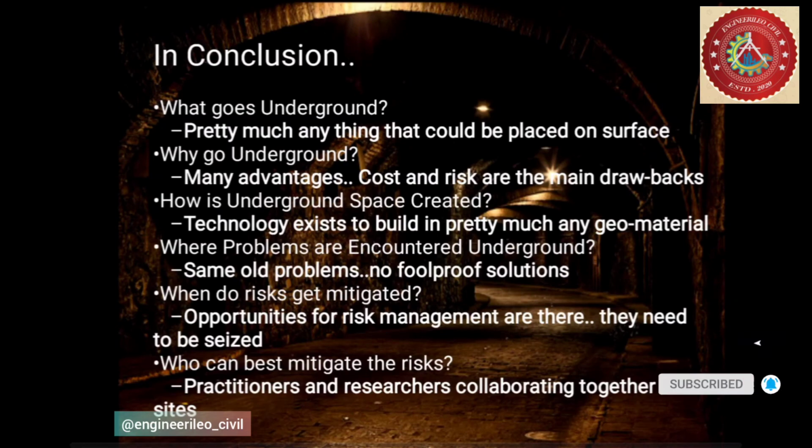How is underground space created? We are civil engineers. Technology exists to build pretty much anything, but we have to use geomaterial very carefully, right? That is where problems are encountered underground. There are no foolproof solutions to any of the problems.